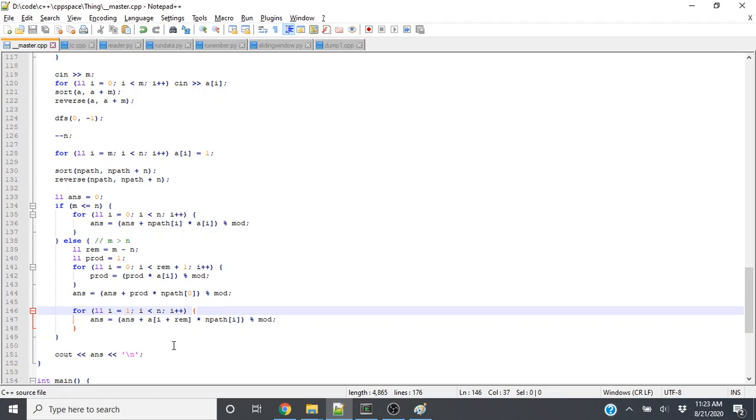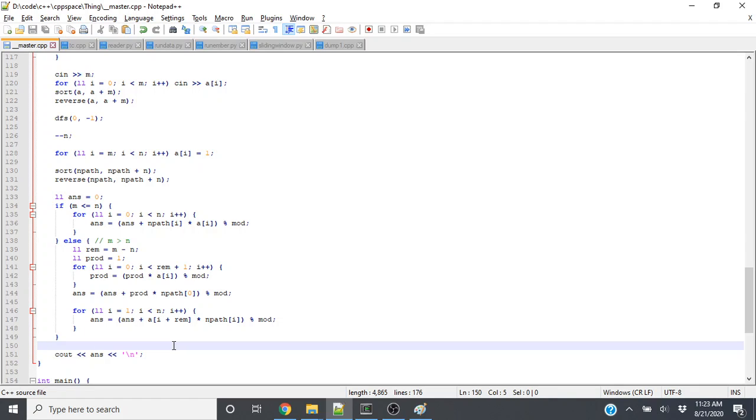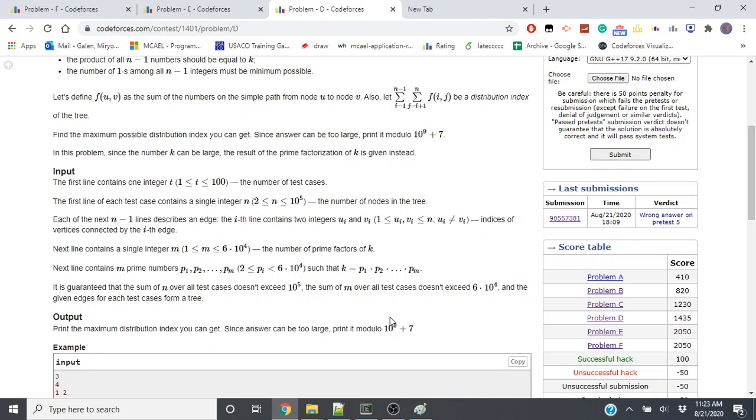So since m is greater than n, that should be fine. Then npath I is everything else. But is the idea of stacking wrong? I mean, I don't know why it would be. So we want to multiply as big things as possible. The same maximum distribution index.